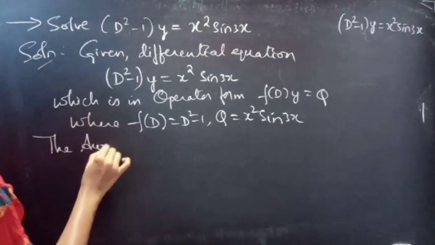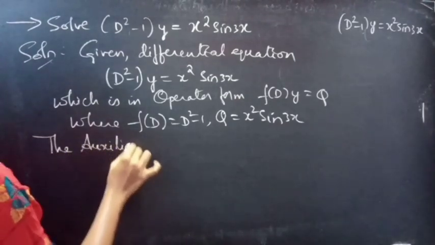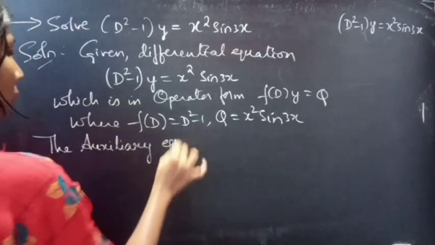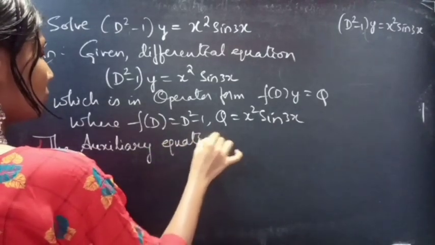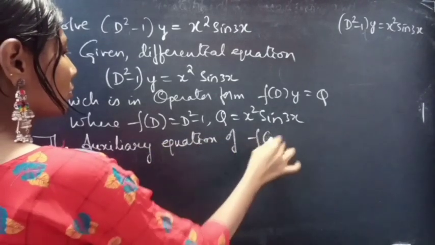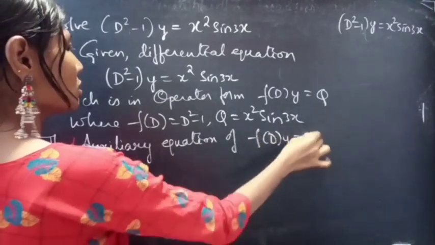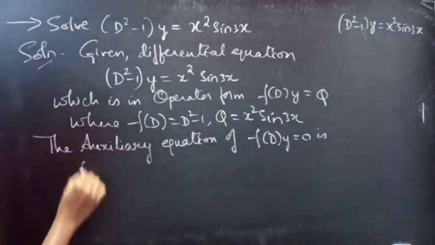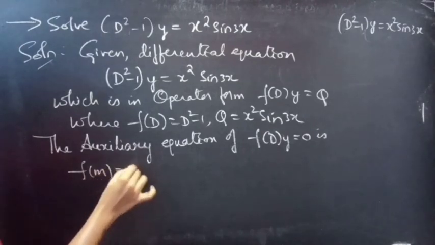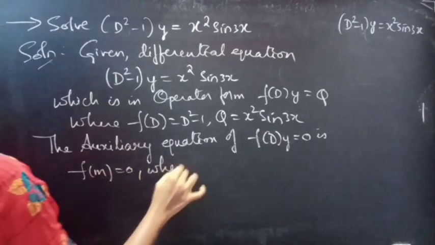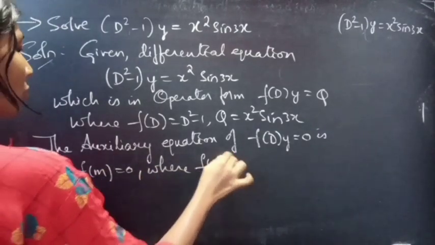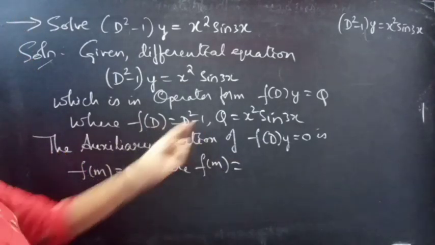The auxiliary equation of F(D) y equals 0 is F(m) equals 0, where F(m) equals, we have F(D) as D square minus 1.